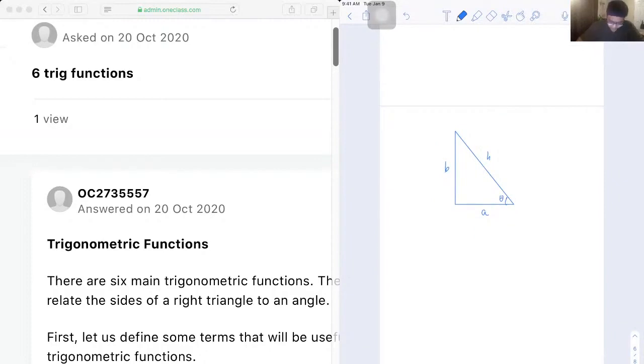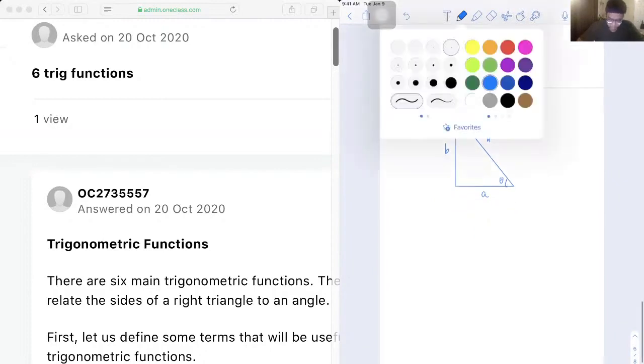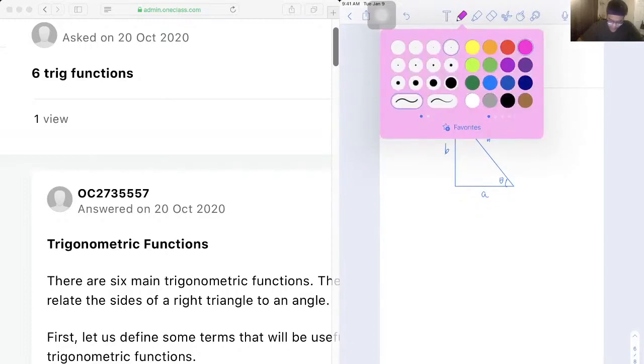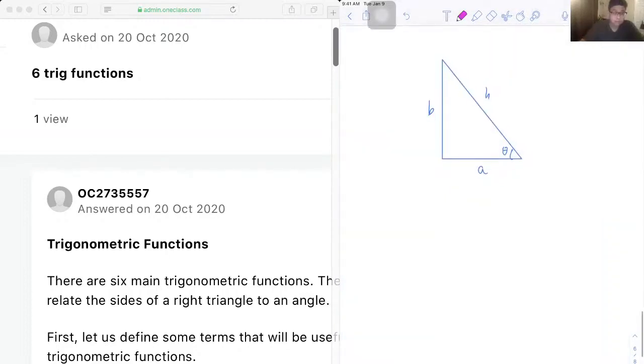Okay, so let's first define what these are. Theta, which is our angle.